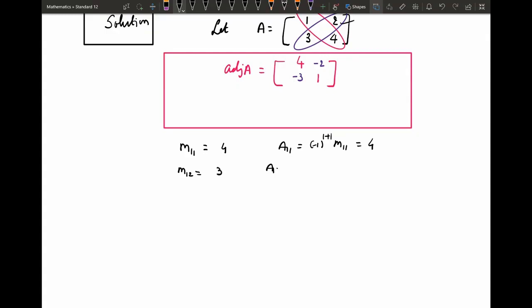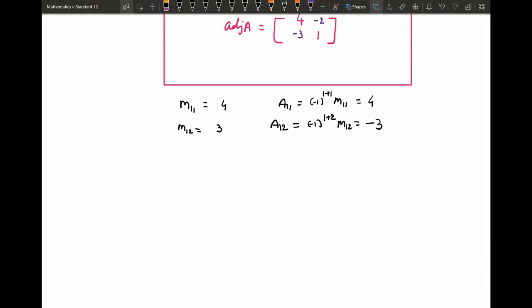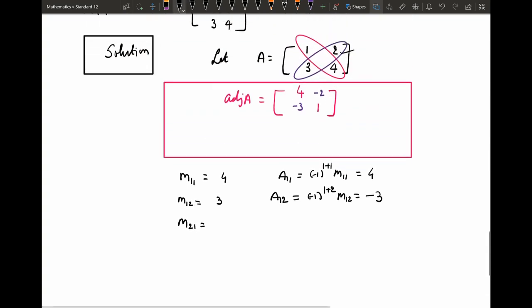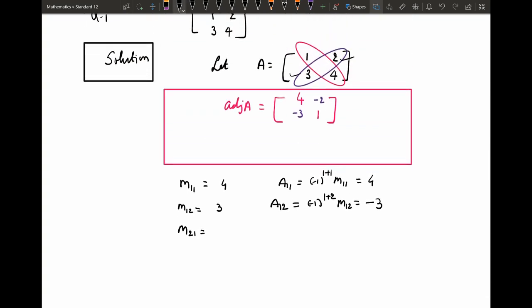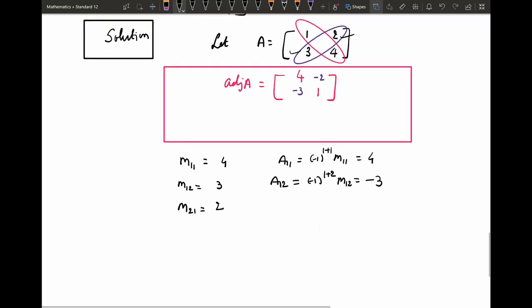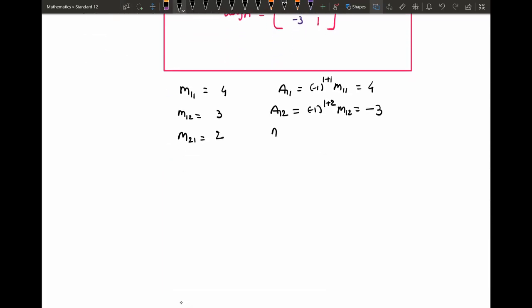So A12, the cofactor of 2, is minus 1 raised to 1 plus 2, M12, so this is minus 3. M21 is the minor of 3, so that is 2.